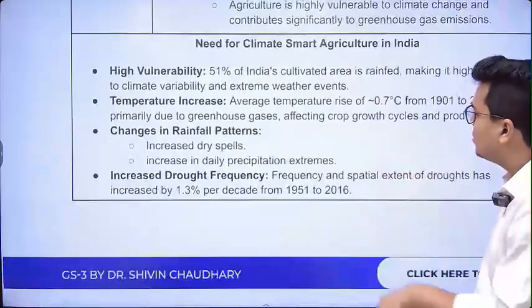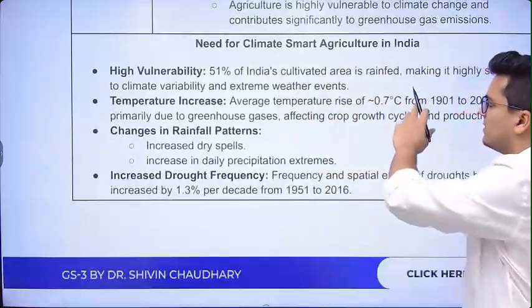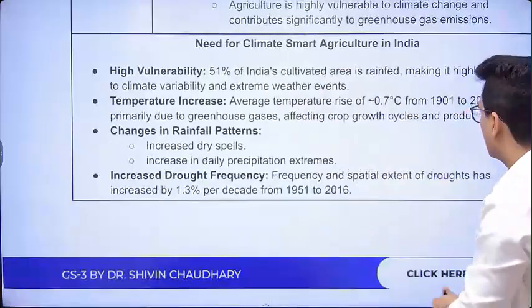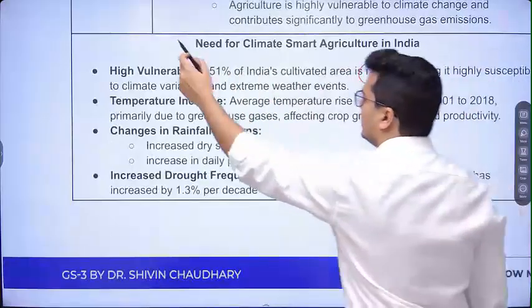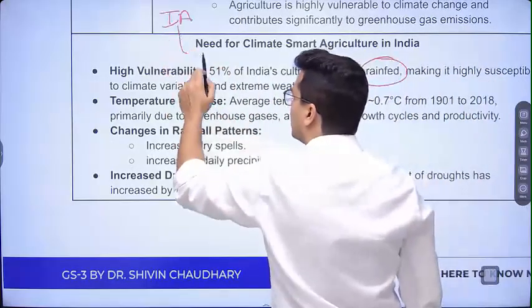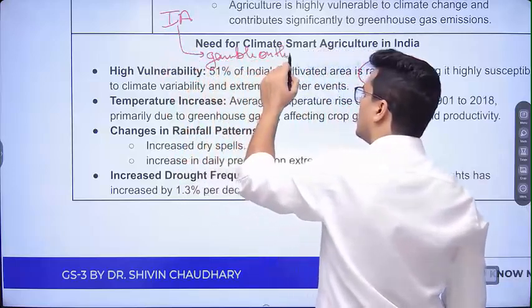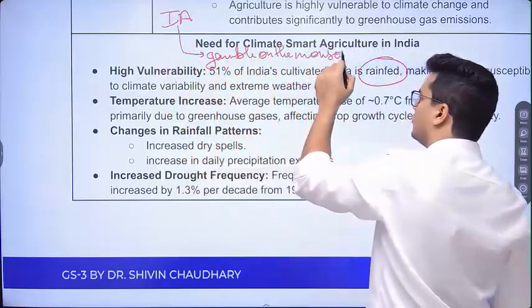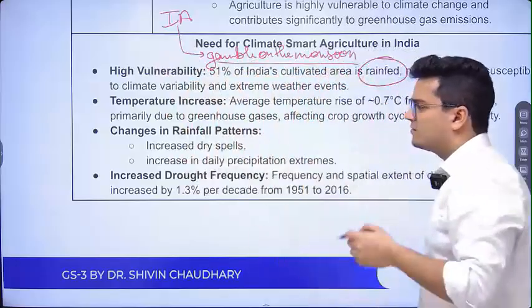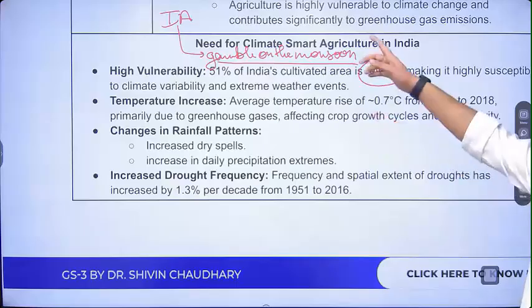Why? Because 51% of India's cultivated area is rain-fed. What did we read? Indian agriculture is a gamble on the monsoon. And if the monsoon changes, this will become a problem.